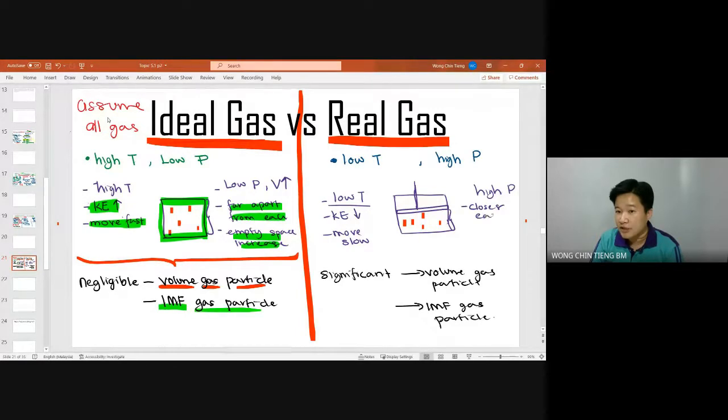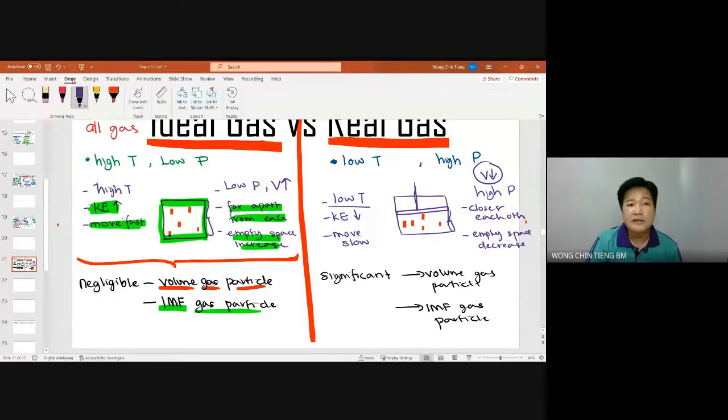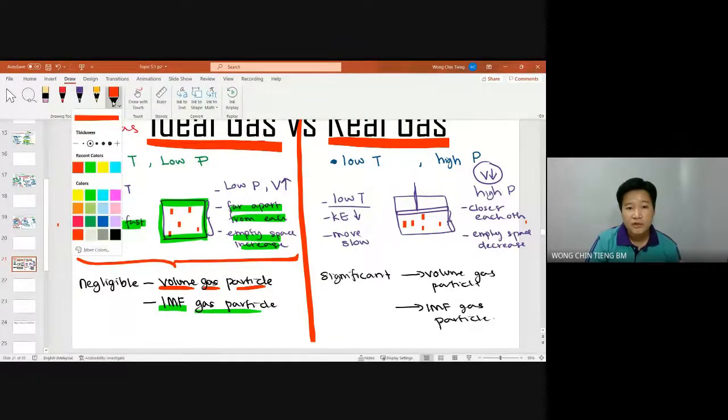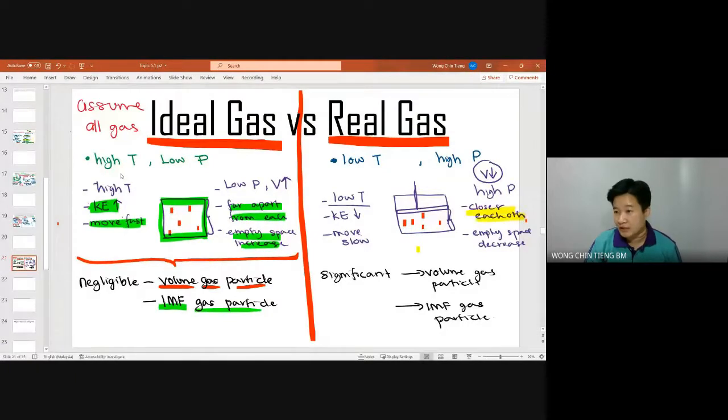Kenapa closer to each other? You become closer because your volume decreases. And when you are closer, the empty spaces become smaller. Kamu duduk makin dekat. Betul? So, bila kamu duduk makin dekat dan kamu bergerak sangat-sangat slow, you will then have a very significant intermolecular force of attraction.